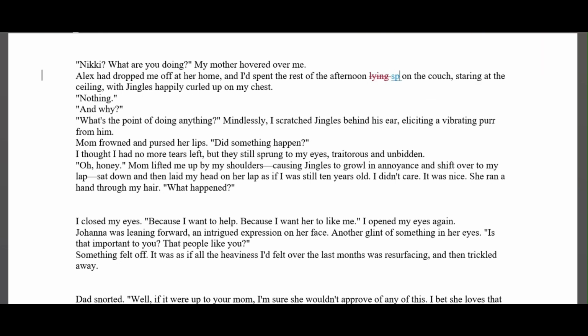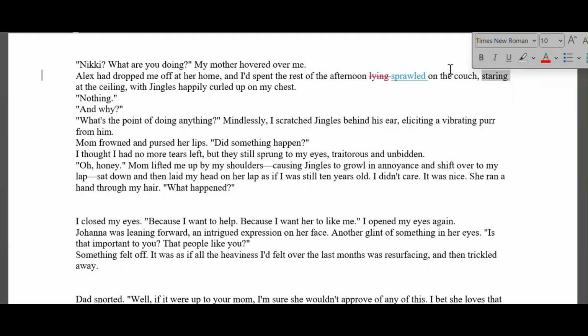Let's say she's sprawled on the couch, staring at the ceiling. Staring is fine because we can see her staring, but we might want to give a bit more of a hint of her emotional state attached to that staring.